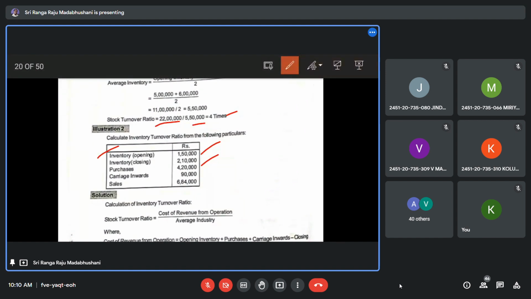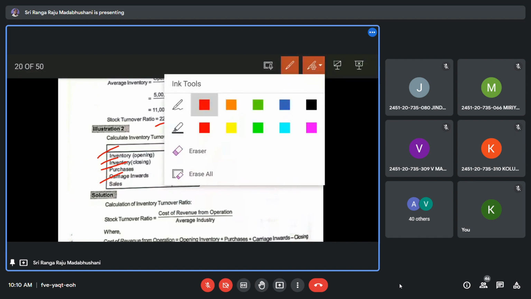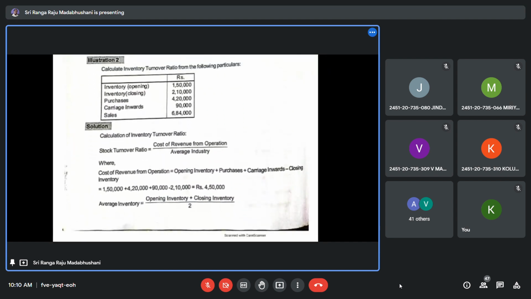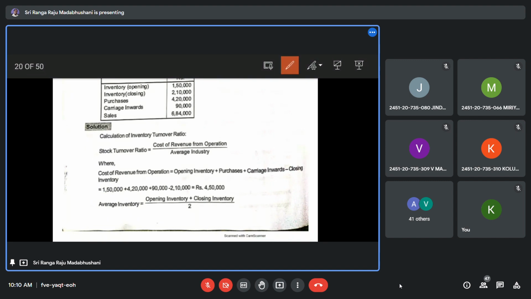Opening stock plus purchases plus carriage minus closing inventory gives the cost of revenue from operation. See here: opening inventory, purchases, carriage, minus closing stock. So that is 4 lakh 50,000 cost of revenue from operation.